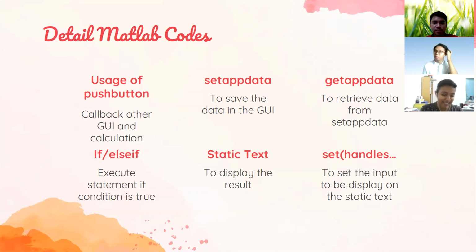And lastly, we have used set handles, where this set handles is portrayed in the static text. Where, for example, set handles dot the tag of the certain static text and string and moreover.